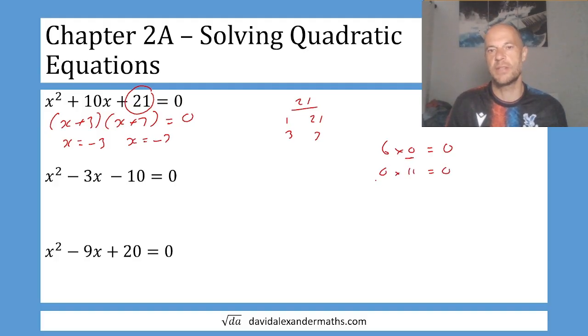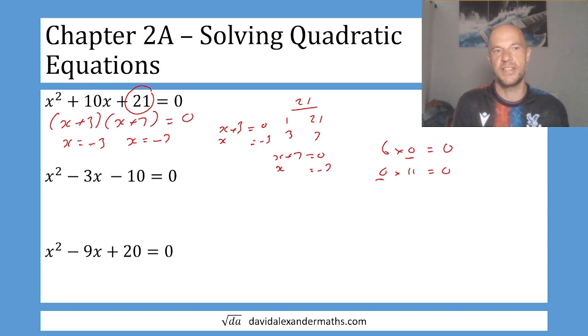One of the things must be 0. So if I'm multiplying these two things to get 0, then maybe x + 3 is 0, in which case x must be negative 3. Similarly, maybe x + 7 equals 0, in which case x is minus 7. So that's why we're flipping the signs.